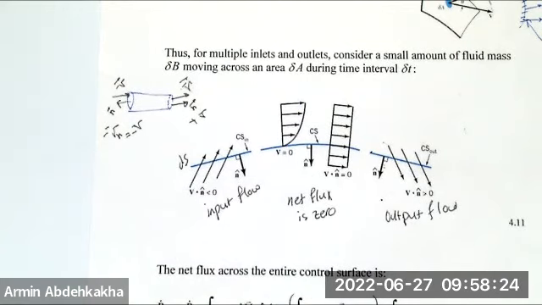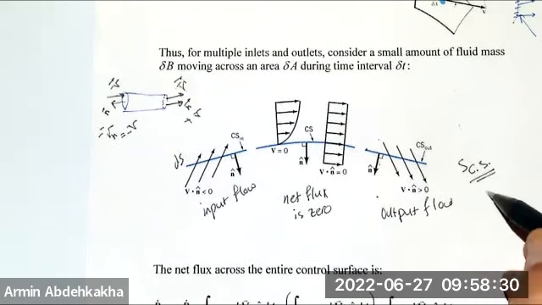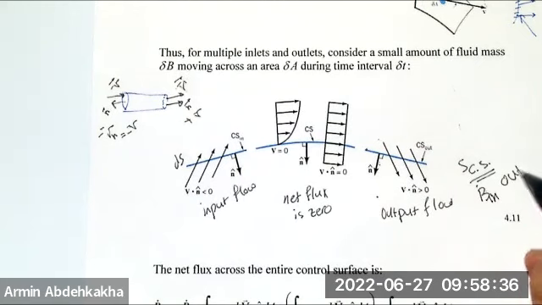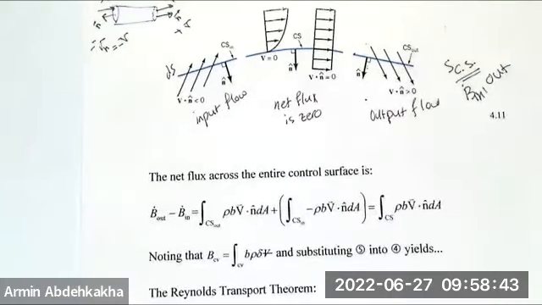Then if we sum up all, we have S of our control surface, and we have the sum of all of V dot n, in and out, right? Both of them at the same time, but getting the integral. That's why we have the integral form of that.